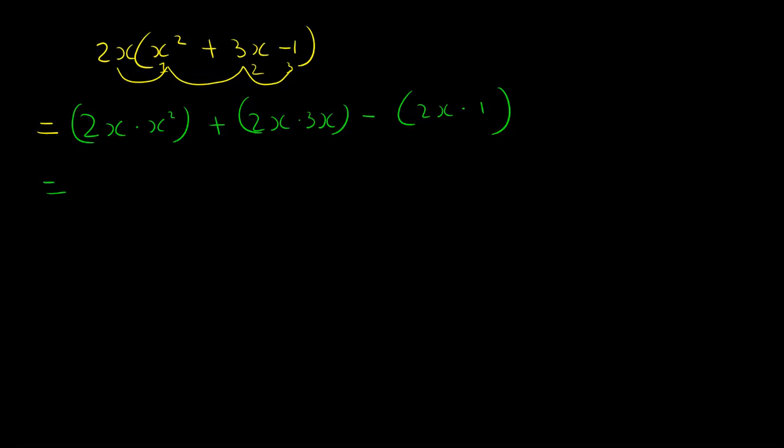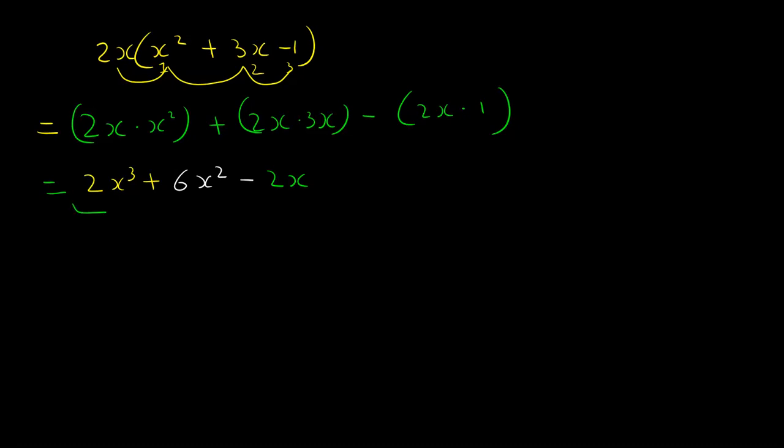So for this one we get simply 2 because there is no other number, and then x times x squared, that is x cubed, plus the second one we have 2 times 3, that is 6, x times x, that is x squared. Finally the last one we have 2 times 1, that is 2, and x is alone.